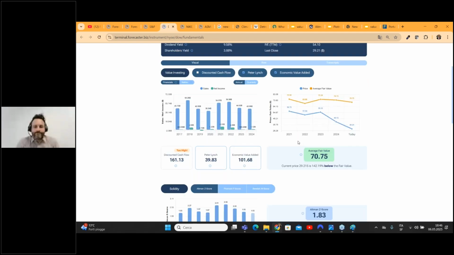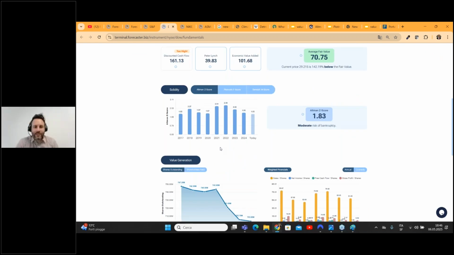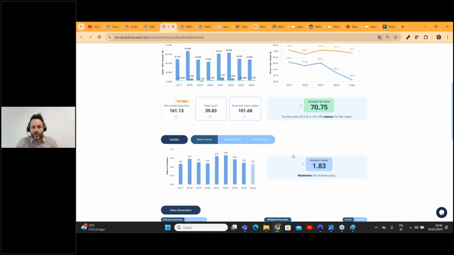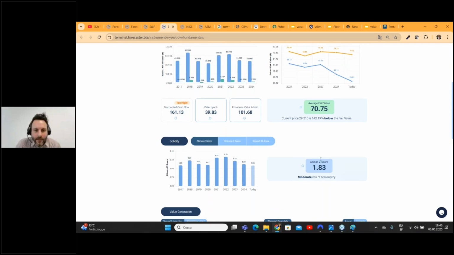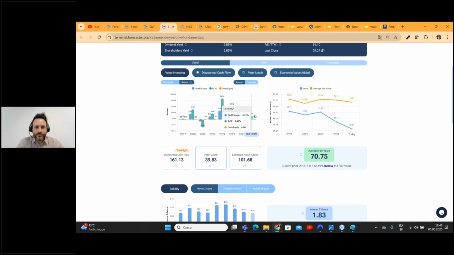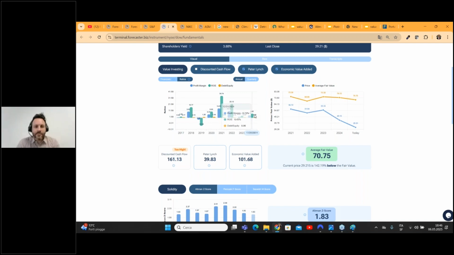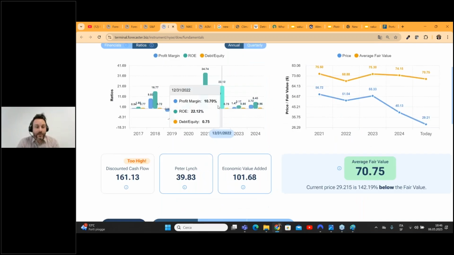But look, something strange is happening on this company, because it has a moderate risk of bankruptcy, and somehow, let me see. Look, for example, they are increasing the debt year by year, probably because they would like to keep the dividend high.